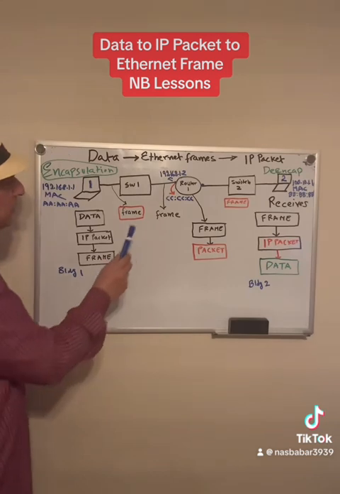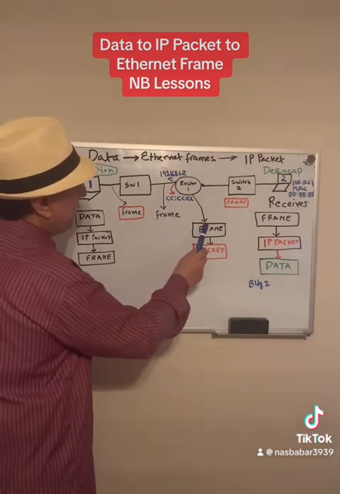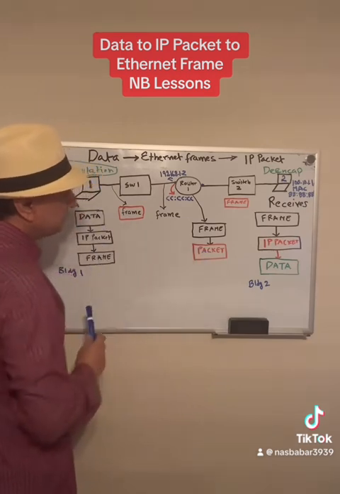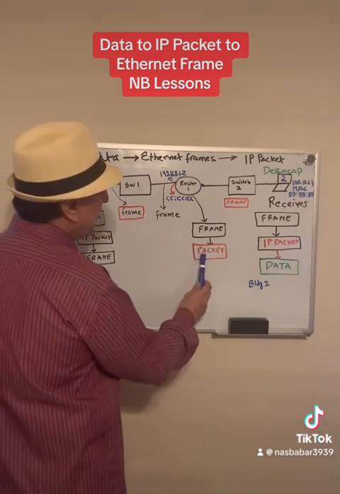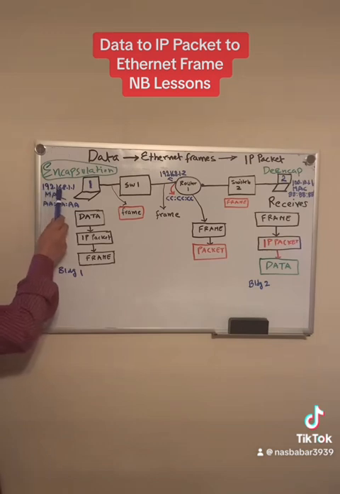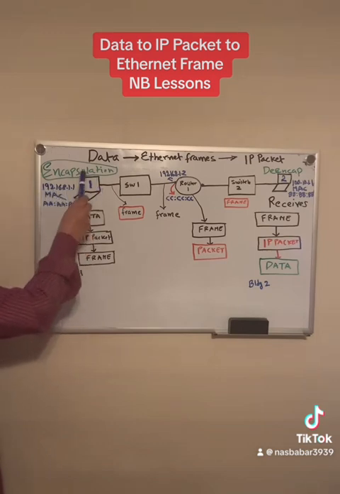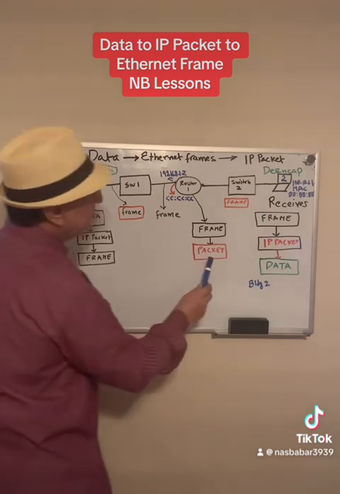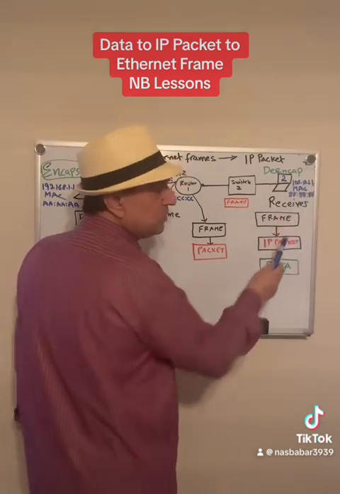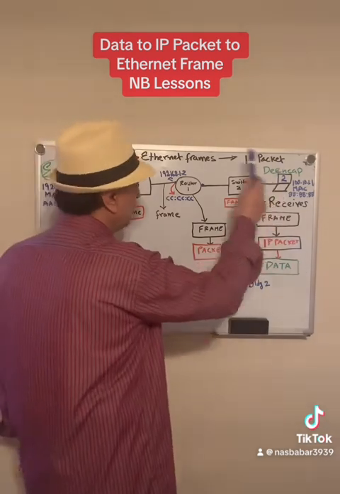When the router receives the frame, it opens it up and looks at the packet. It says, okay, the source is IP 192.168.1.1, which is the IP of this laptop. Destination is 100.10.1.1, which is the IP address of laptop 2.